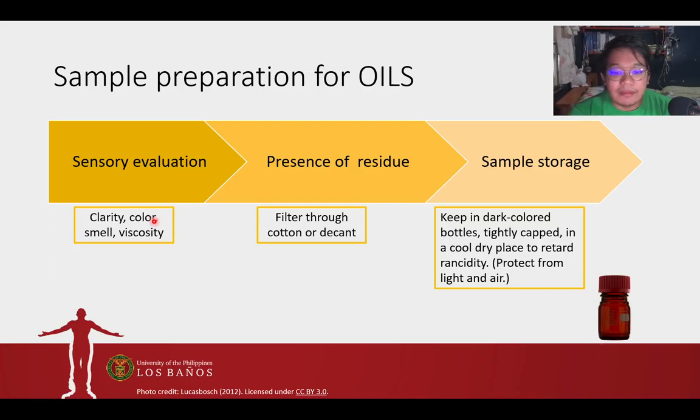For the residue, you have to filter it through cotton or you may decant it, because by decanting, you can leave behind the solids that have settled at the bottom. For sample storage, you have to keep your oils in dark colored bottles, tightly capped, in a cool, dry place to retard rancidity. Rancidity is where our oils always end up going, but we can minimize it by doing these measures. Okay?